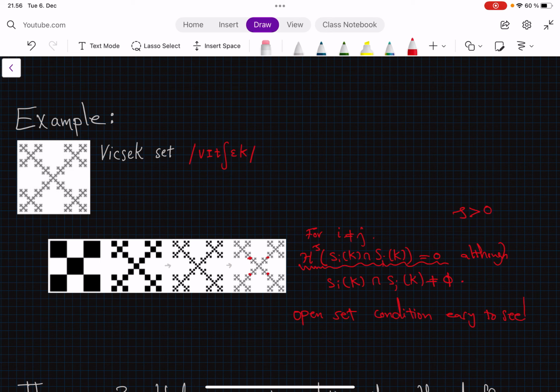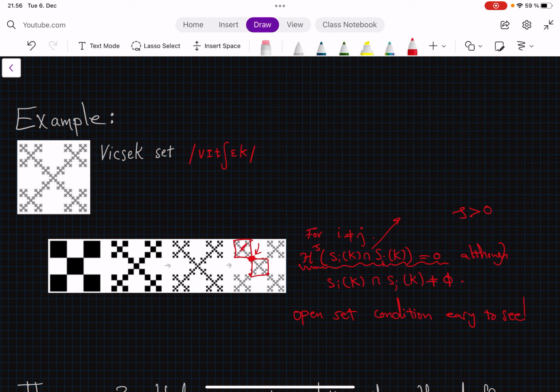That's why H^S of a single point is 0. So for example, this will be S3 of K, and if this is S4 of K, the two will intersect here at one point. So these could be empty, for example, if you consider this versus that, in which case even better, or they will have at most a 1 point intersection, in which case H^S is 0 nevertheless.